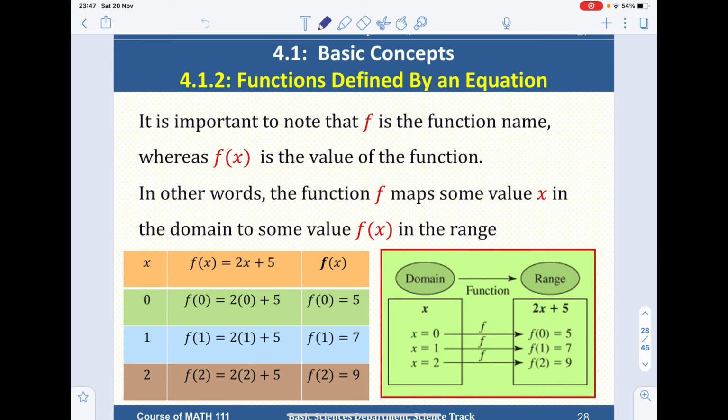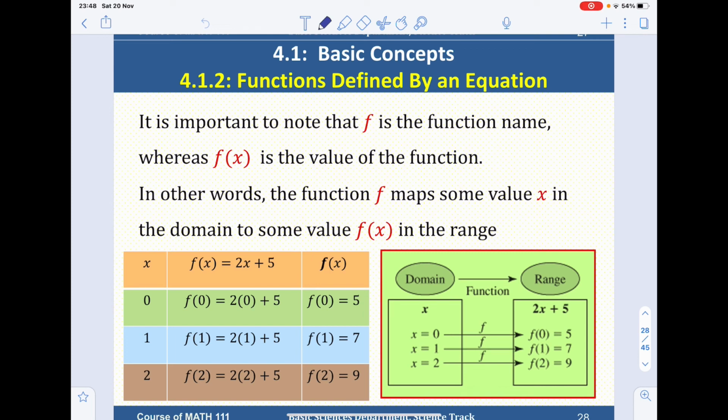Okay, so now we have a function defined by an equation. As we said before, we can define a function by an equation, by mapping, by graphing, or by writing it as a set.